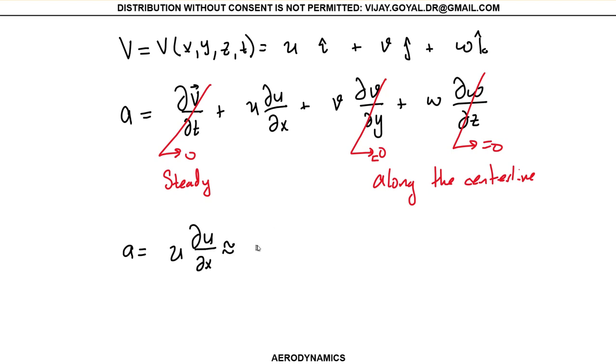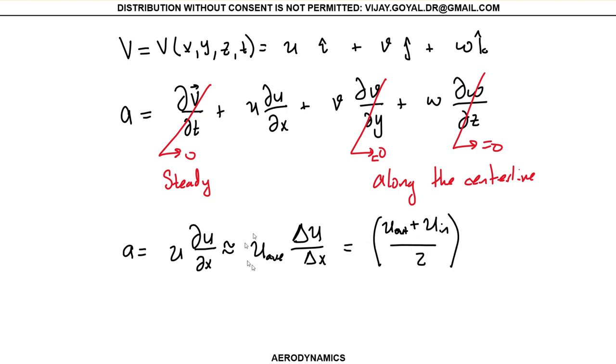This is approximately equal to u average times delta u over delta x. The average is what goes out, the outlet flow speed, plus the inlet flow speed, divided by 2. And delta u over delta x is what goes out minus the speed that comes in, divided by delta x.